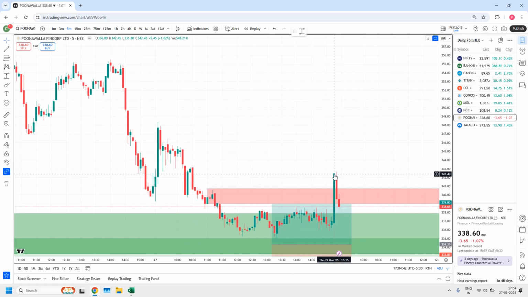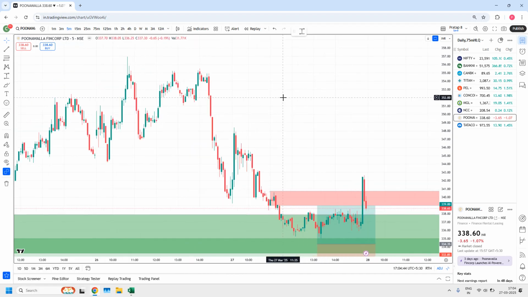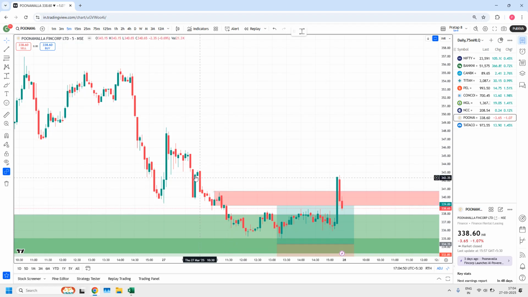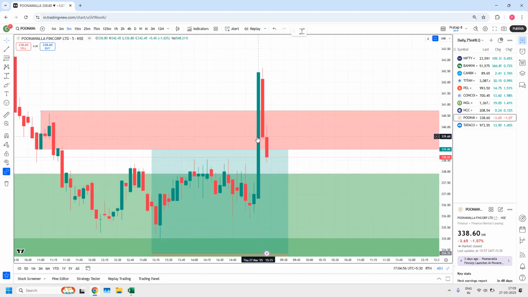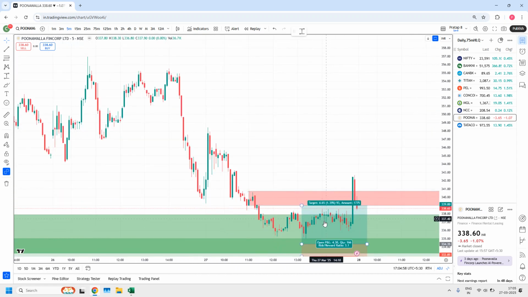It would have reached our target. That way you would have got profit. But all those are almost hypothetical scenarios, because nobody will think this will be violated and then it will reach here. That is hypothetical. We have to think in a more practical way before planning the trade. So that's why this trade we would have missed.